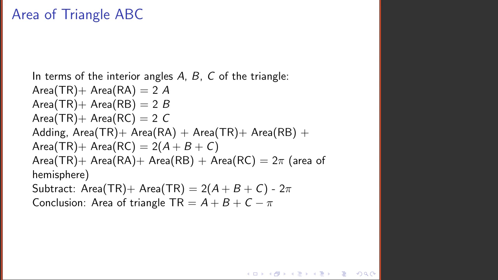Now I'm going to have to flip back and forth between two diagrams for this argument. We saw that TR and RA together formed a loon.